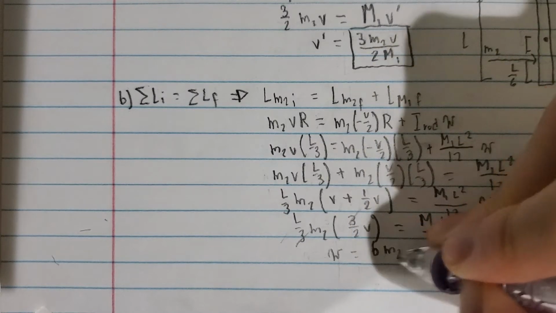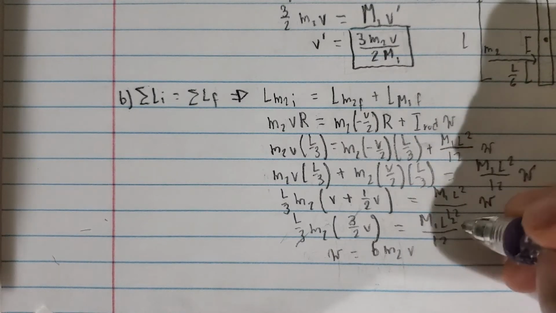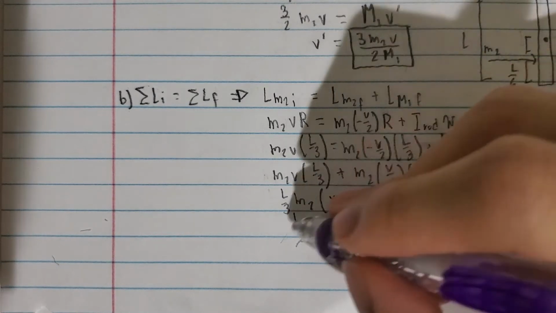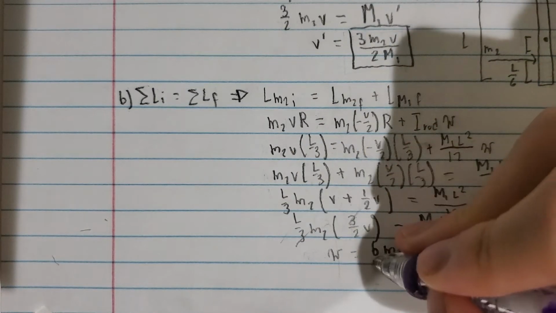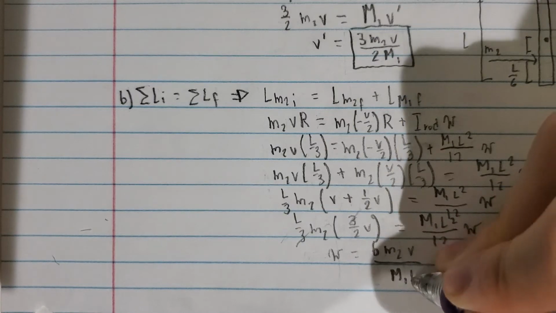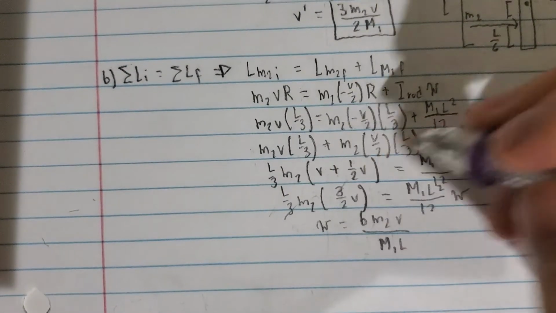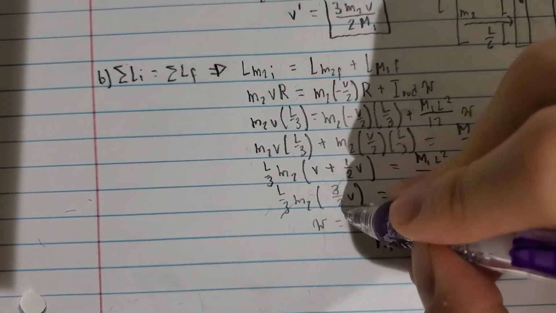I still have M2 in my numerator and V in my numerator. Dividing by L squared, one of the L's is going to cancel, and I will still have 1 L at the bottom, and M1 is going to be at the bottom, so M1 L. So that is my angular velocity of the rod about the center of mass after the collision.